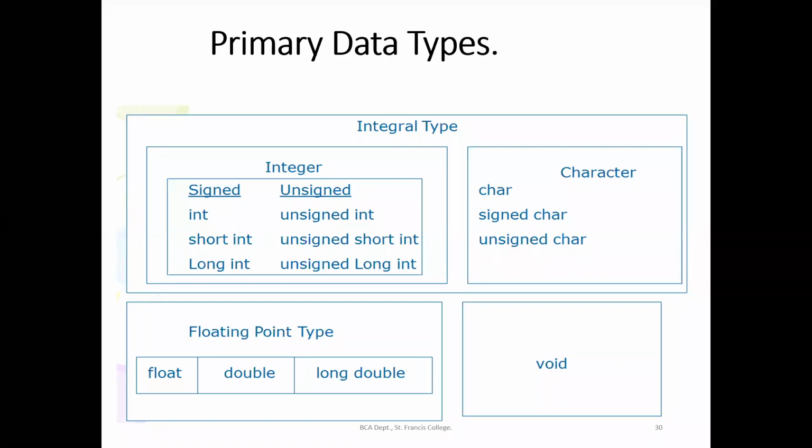So here in primary data type, we will be seeing integer, floating point type, and character. Floating point type is nothing but float. Character and void. In integer itself, we will be having short integer and long integer also. In all the three, integer, short int, and long int, you might have studied only the integer data type, right?